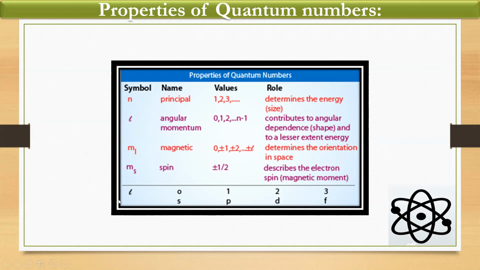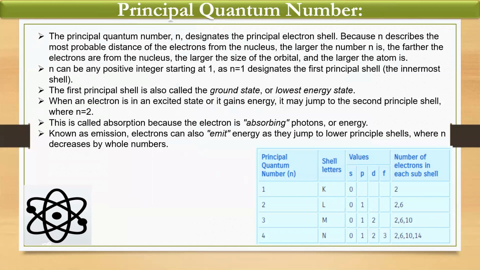For example, l equals 0, 1, 2 and 3. Here l is the angular momentum quantum number. If the value of l is 0, it is an s orbital, then p orbital, d orbital, f orbital and so on. So what actually is the principal quantum number?